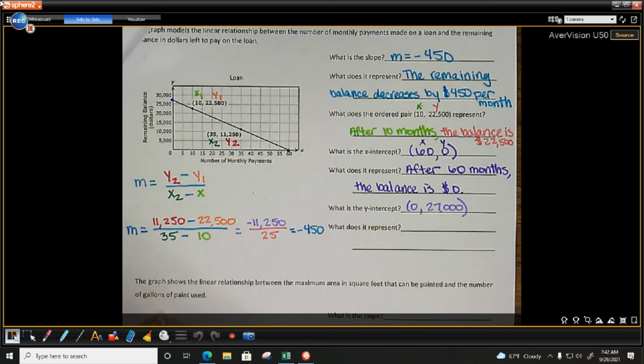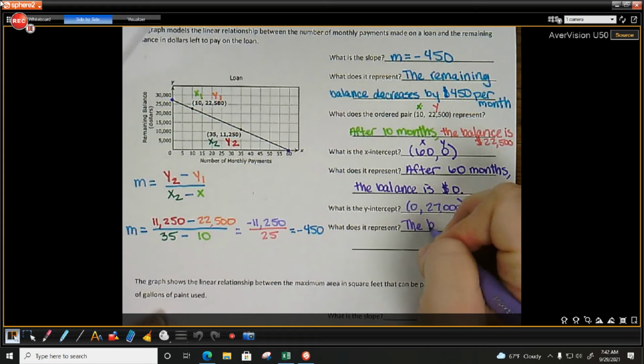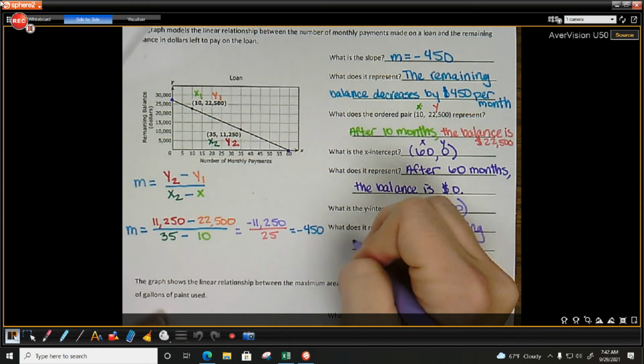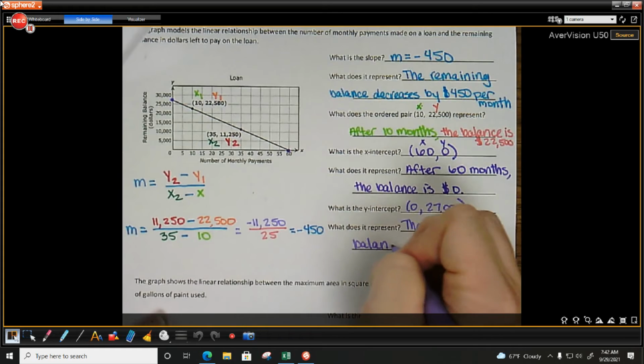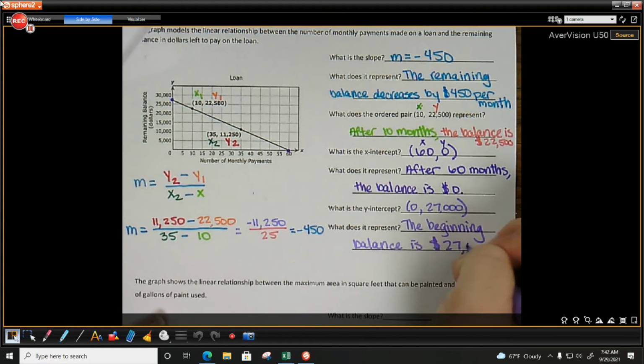Okay. Your y-intercept's your B, right? What does B stand for? Where you begin. So we begin with a balance of, so the beginning balance is $27,000.